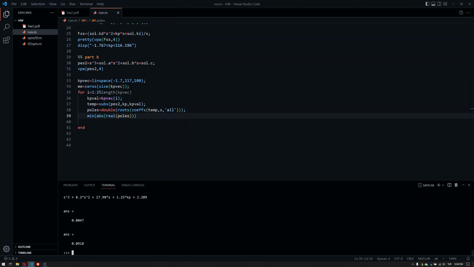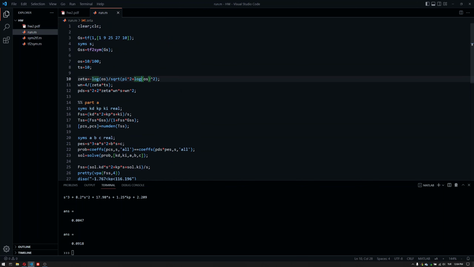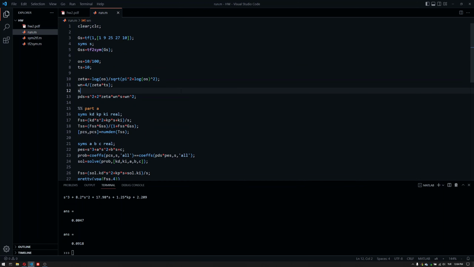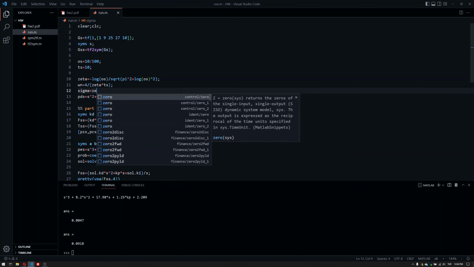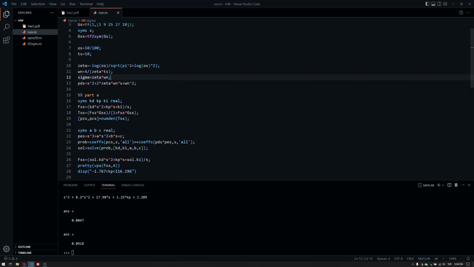As you can see now, it is becoming better and better. So let us store this. Well, this is still not the dominance factor, but this is the pole that we're interested in and its distance from the origin. What I can do basically is I can maybe go ahead and define something called sigma. So let's call this sigma, zeta times omega n, which can be used for the settling time calculation here.